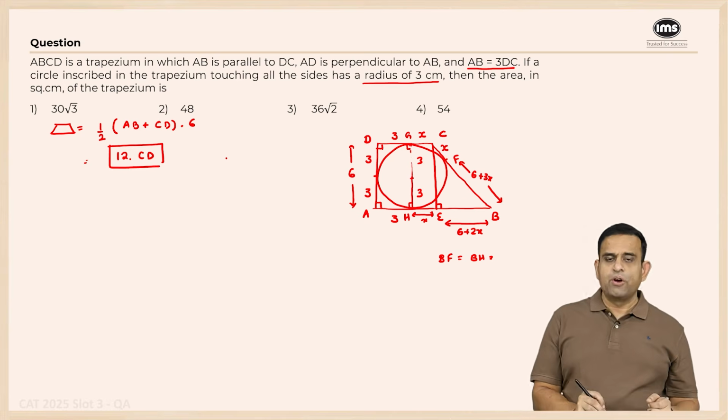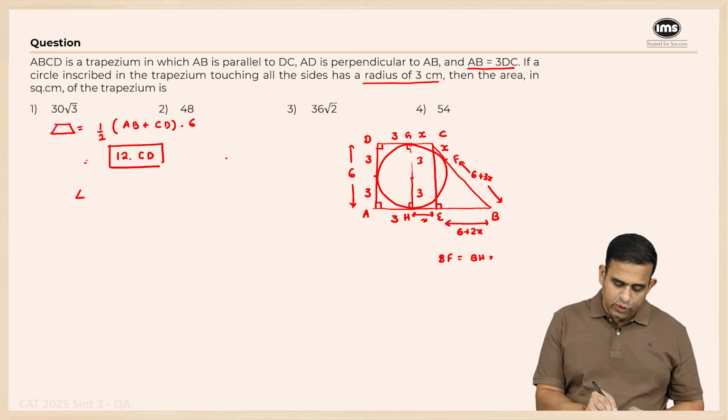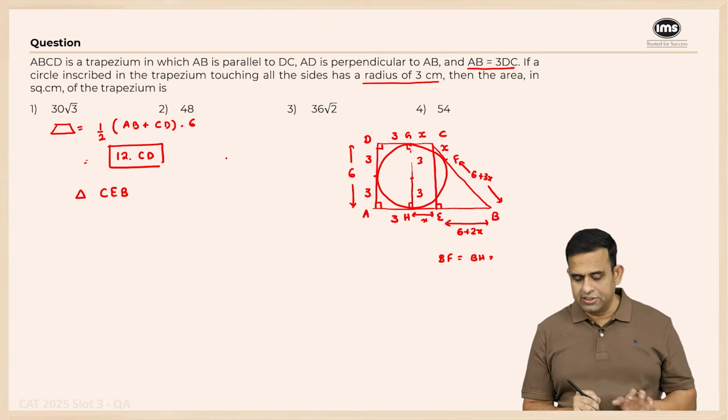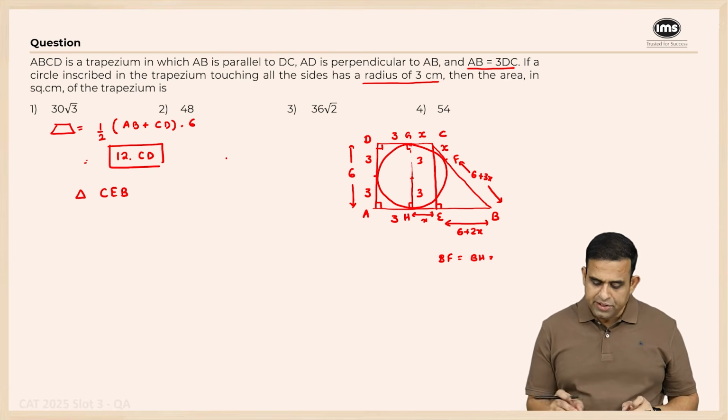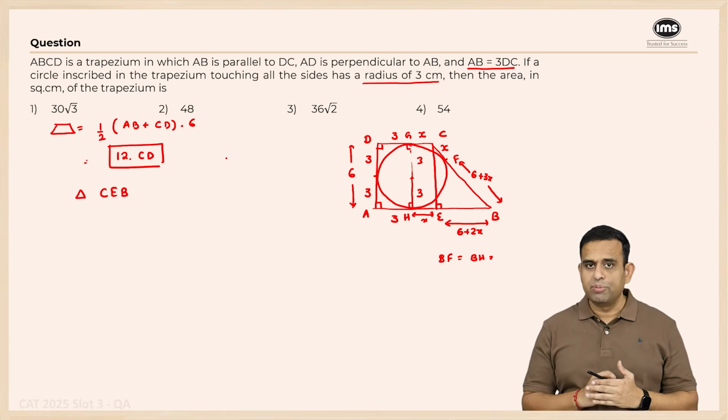So now if I concentrate on the triangle, let's say if I look at the triangle CEB, we have got the three sides. The length of CE is equal to 6, the base BE is equal to 6 plus 2x, and the length BC is equal to 6 plus 4x.